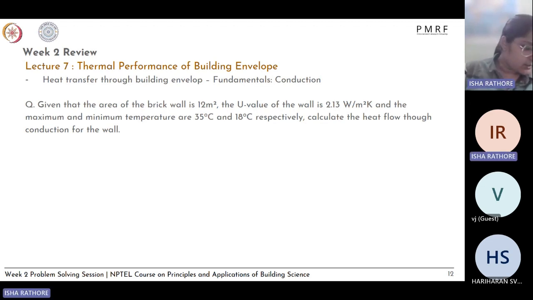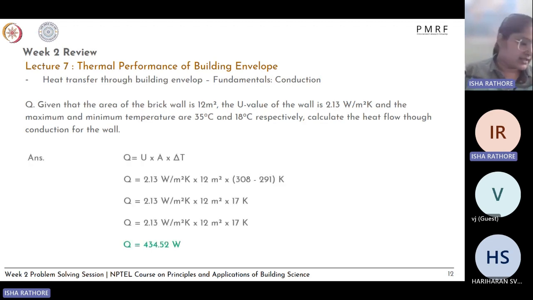Okay, so we have one answer. The answer is correct, exactly. So Q is equal to UA delta T. We are given the value of U as 2.13 watt per meter square Kelvin. Then we have the area as 12 meters square. And then we converted the units of the temperature to Kelvin because our U value was in Kelvin.